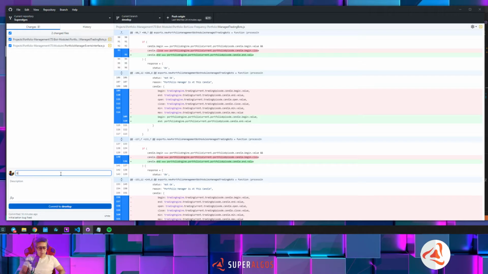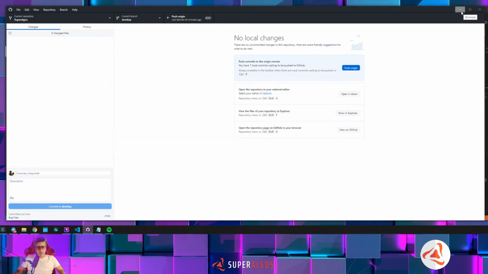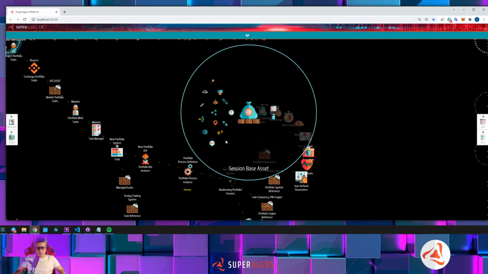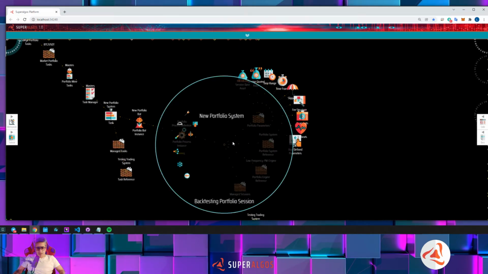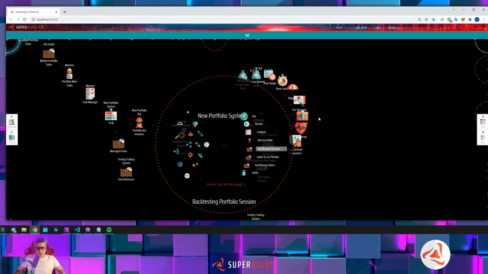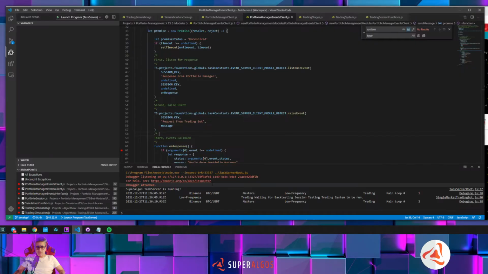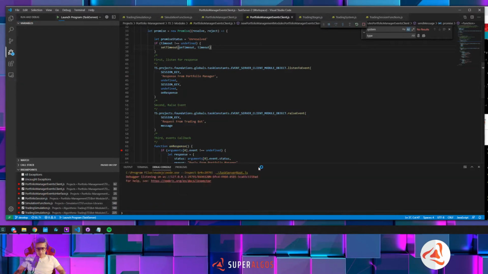Okay, bug fixes. Okay, portfolio is running, at least the task. So we run the bot. Then trading bot run.